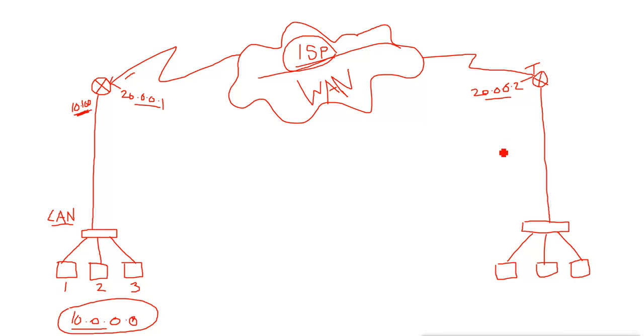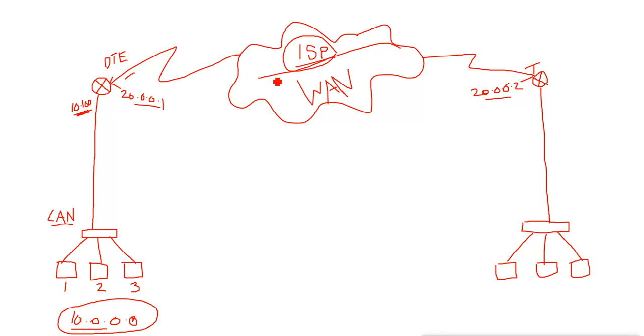Now one more thing to configure is what? The clock rate. We have talked about the clock rate before also. A WAN port, that is a serial port or serial link, always has two sides. One side is called DTE, and that DTE side is always on the user side, the user who is using the service of the ISP.